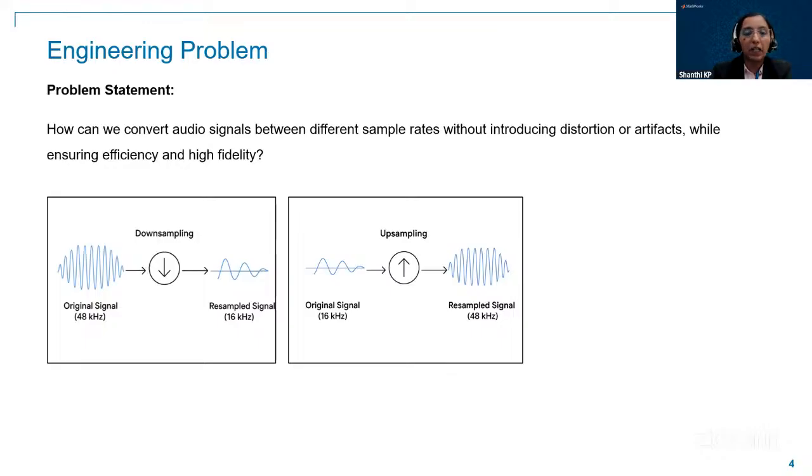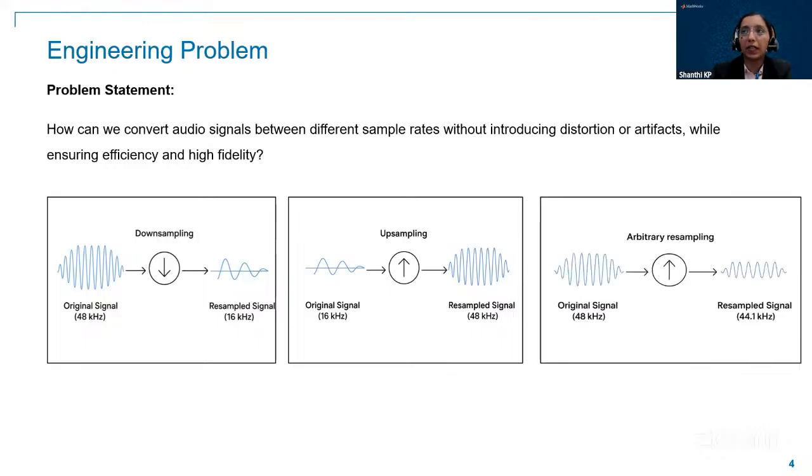And finally, arbitrary resampling, where we convert between a non-integer sample rate ratio. For example, converting a signal with a 48 kHz sample frequency to a 44.1 kHz sampling rate, ensuring compatibility across different audio systems. So this is the engineering problem we are trying to solve today.